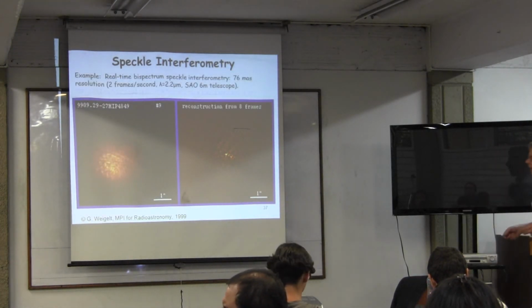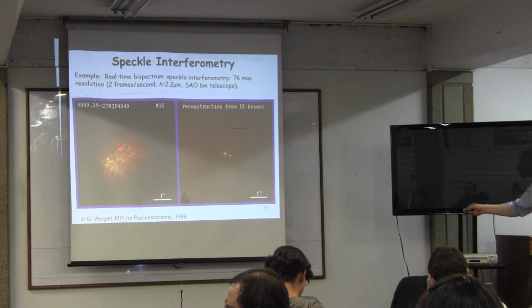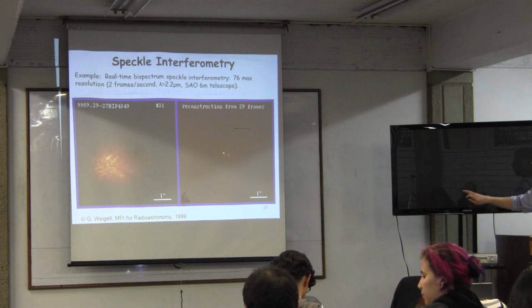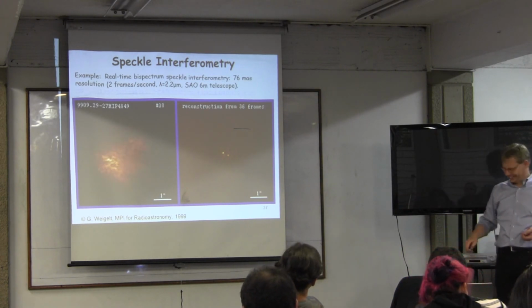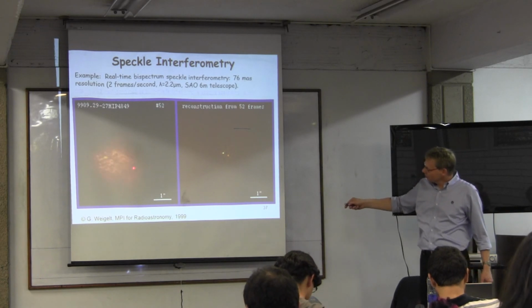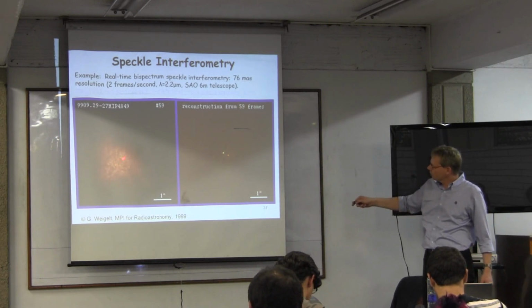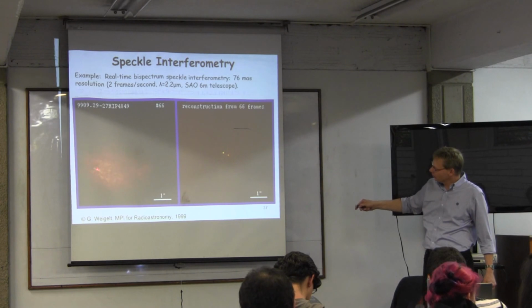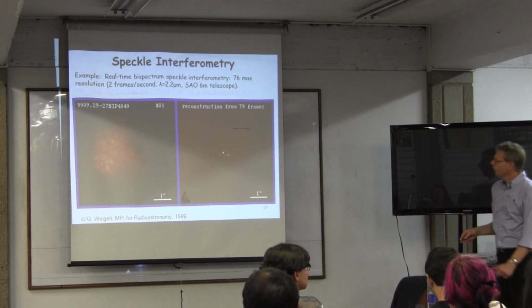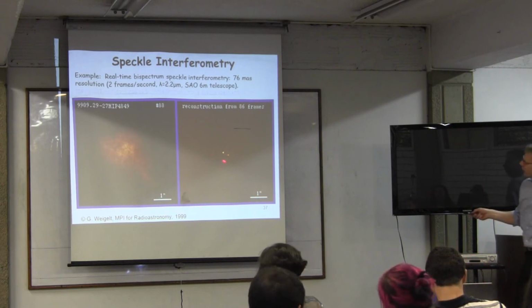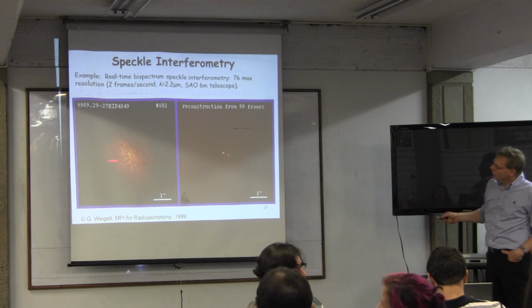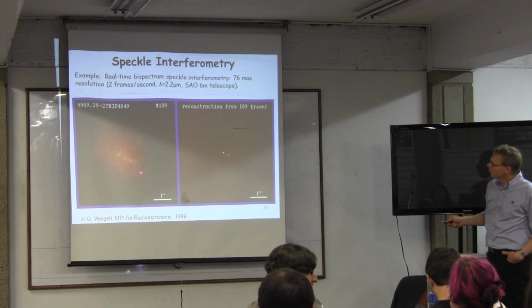Okay, and what people do then is to use that information mathematically, and we don't have to go into how this is done, or this tomorrow. But to use the information with cross-correlation essentially of the various speckles in here and reconstruct an image. And what's shown on the right here is the reconstruction taking the information from all the images into account.